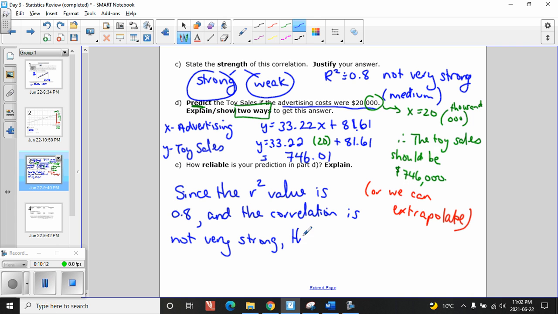The prediction is somewhat accurate, but not super precise.